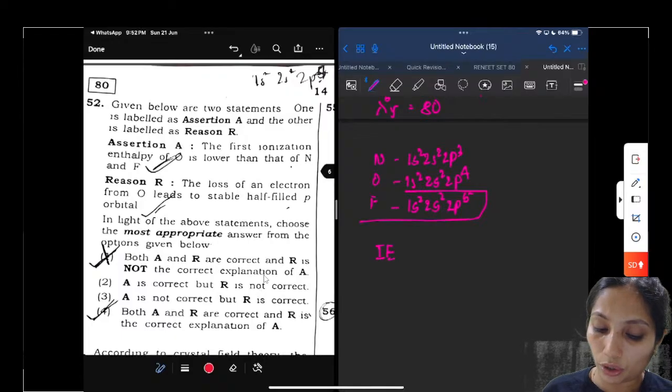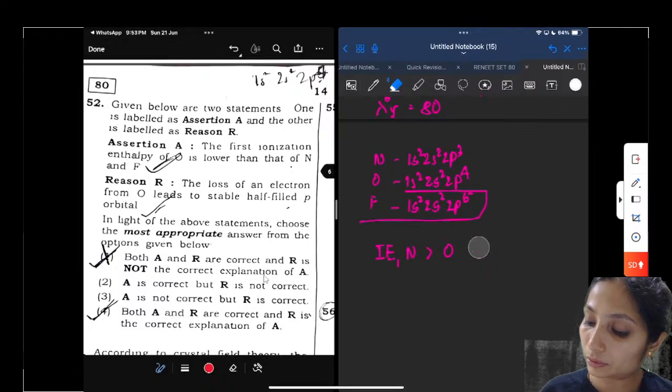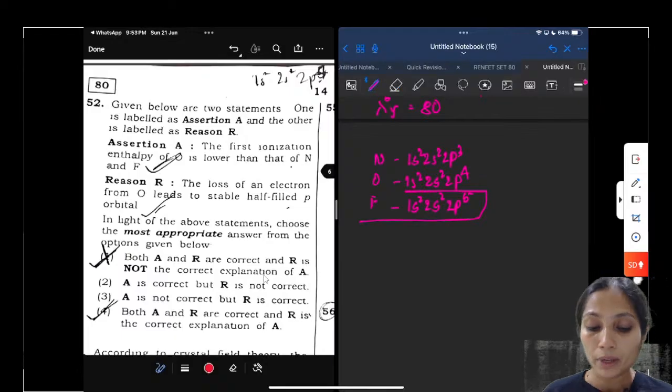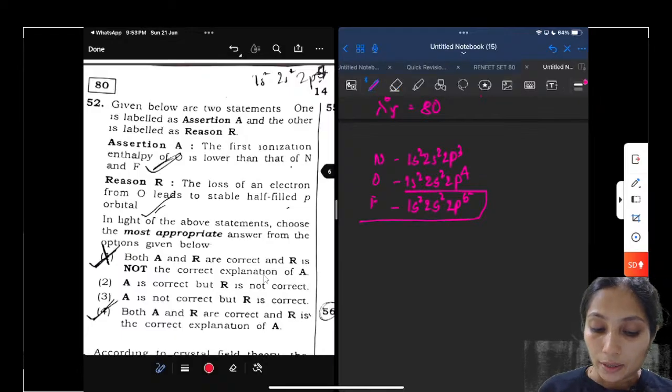So the first ionization enthalpy of nitrogen is greater than the first ionization enthalpy of oxygen.